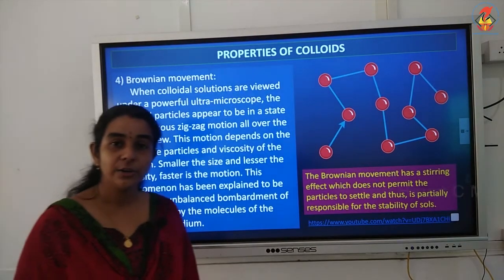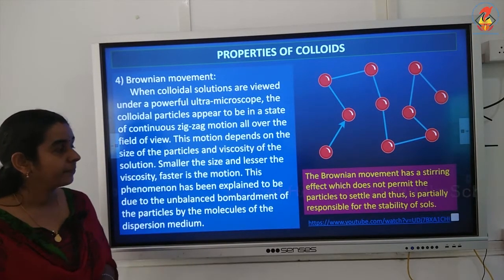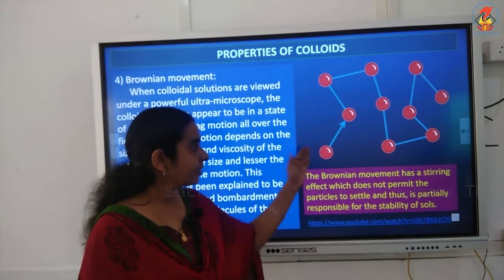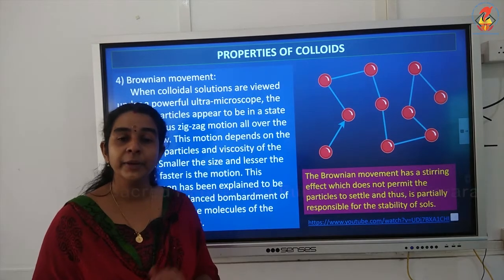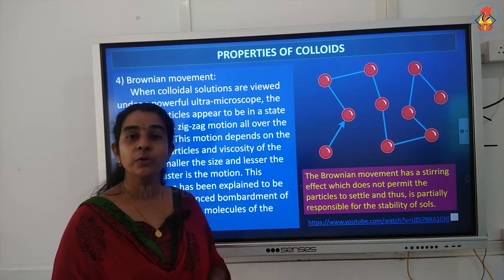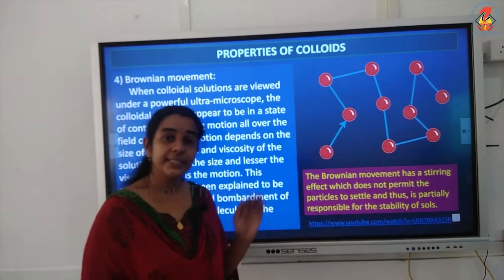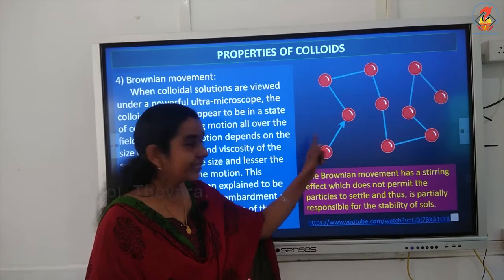Now, the next property of a colloid is Brownian movement. As shown in the diagram, Brownian movement means a continuous zigzag motion of particles. What do you mean by zigzag motion? See the diagram.